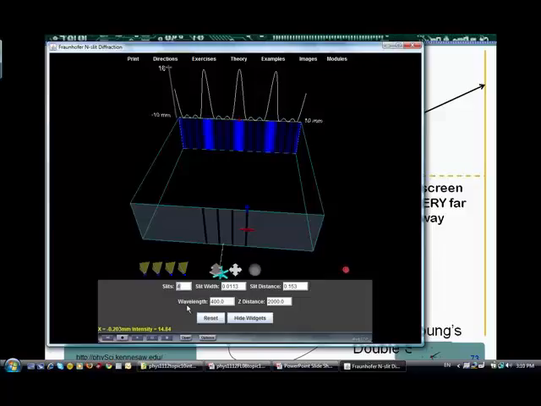What about if we have 5 slits? Here we have 3 secondary maxima. The middle one is smaller than the other 2.